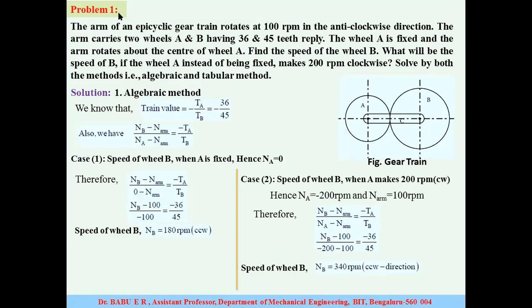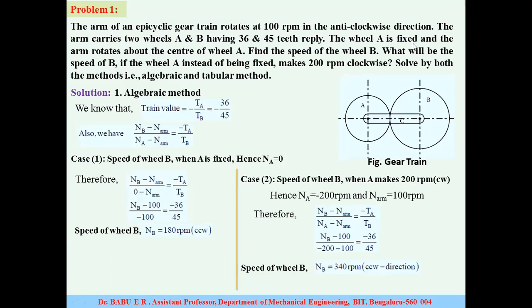So problem 1. The arm of an epicyclic gear train rotates at 100 rpm in the anti-clockwise direction. The arm carries two wheels A and B having 36 and 45 teeth respectively.